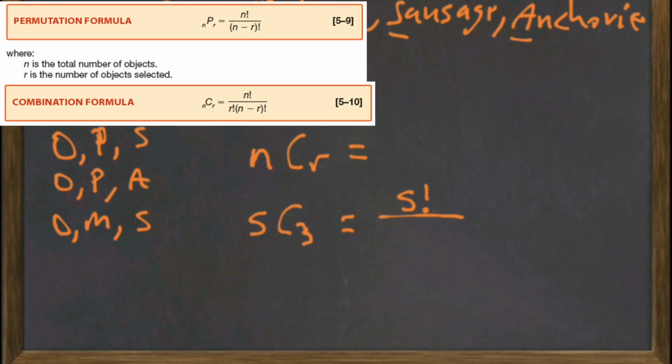But we're going to make sure that we're crossing out some of these redundant ones. The way we do that is to divide by 3 factorial, and then of course the same thing we did previously, which was 5 minus 3 factorial. This 3 factorial takes into account all of those redundant options as far as ordering them.